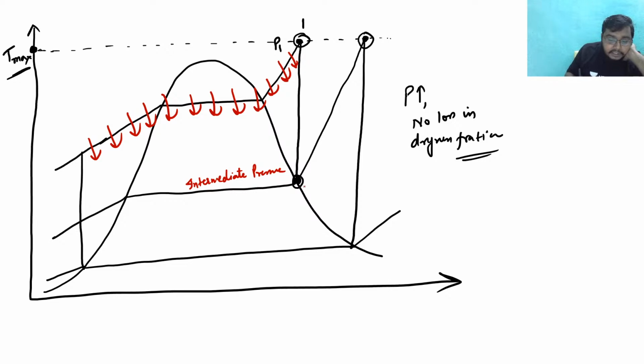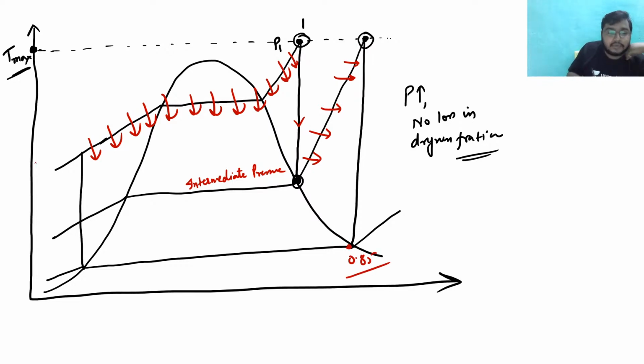Now see, after reaching the intermediate pressure, constant pressure reheating would be there. Again I would reheat this. Constant pressure reheating is done to such a pressure corresponding to which the dryness fraction is supposed to be 0.85. Clear?